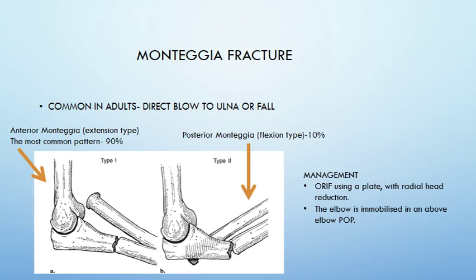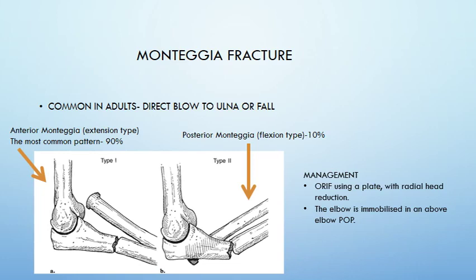An anterior Monteggia with the extension type, as you can see in the image on the bottom left, where the radius is dislocated volarly, and then the posterior Monteggia, the flexion type, where the radius head is dislocated posteriorly or dorsally, and this occurs in 10% of patients presenting with this type of fracture.